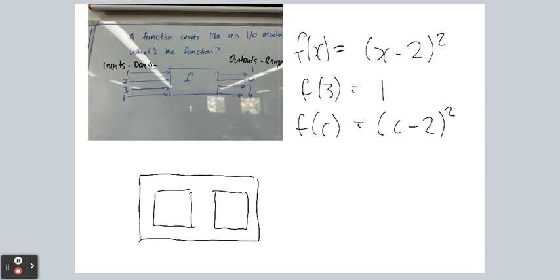It could be another variable like c, in which case the output is c minus 2 all squared. We've replaced the x with the c. We don't replace the x minus 2 with a c. We just replace what the input was, which was x, with the new input, which is c. Are we okay so far with that? We're going to come back to this in a couple of slides' time, but I won't unpack it any further now. But keep in mind that what we put inside the brackets after the f is just what the new input is for the rule that we have been given or that we create for ourselves.